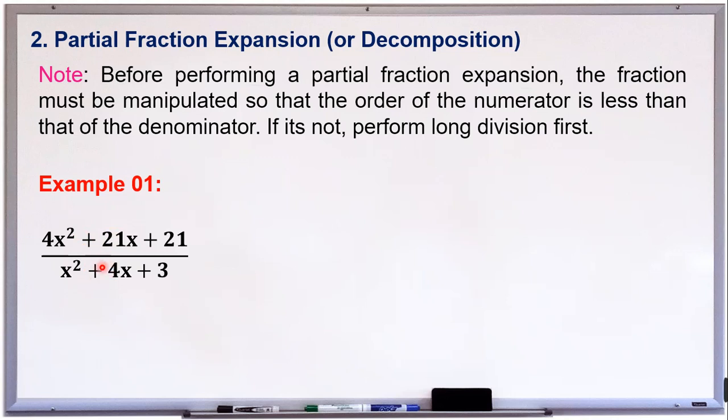In our first example, it is obvious that the degree of the numerator is equal to the degree of the denominator. So we're going to modify this one so that the degree of the numerator would be lesser than the degree of the denominator.